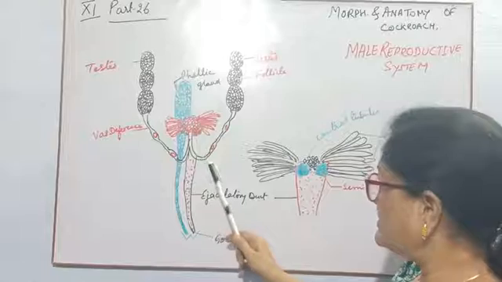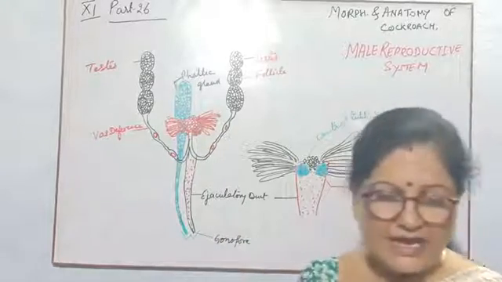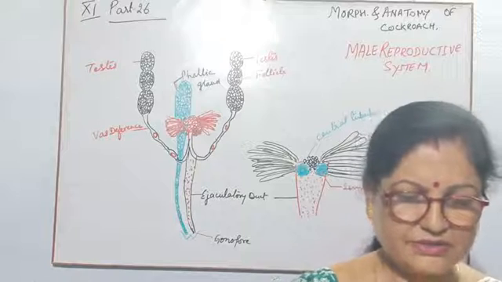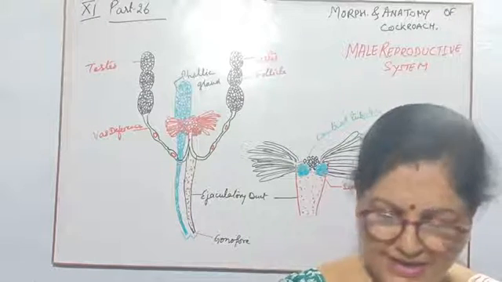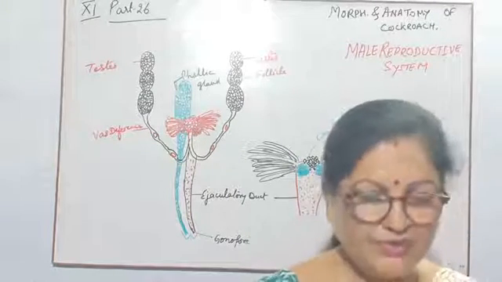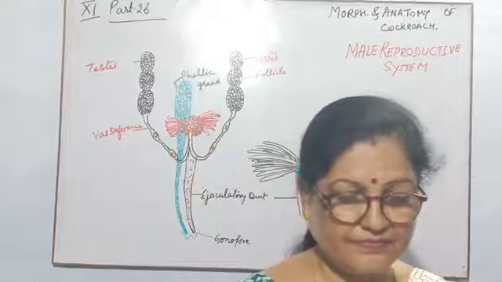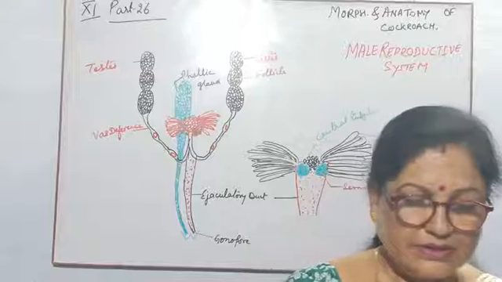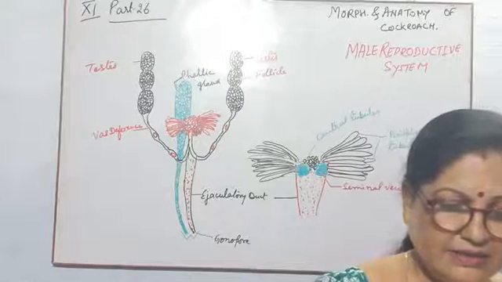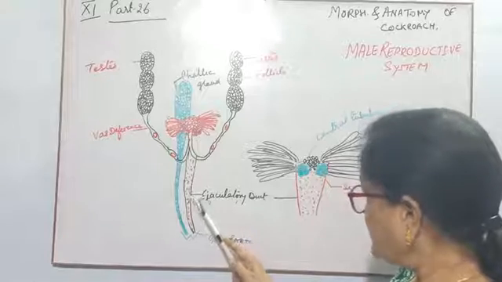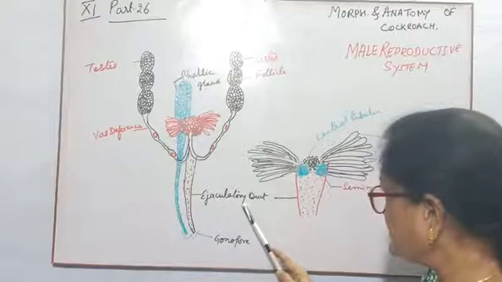Ultimately, these two vas deferens are joined and form a common duct. At the place where the two vas deferens are joined, they are continued with the ejaculatory duct.